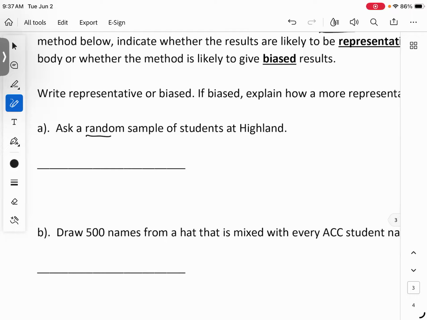The short answer is no. ACC is not just Highland. We've got Riverside, we've got Hayes, we've got online students. And so with just one campus being focused on, this would be biased. In other words, bad, where it doesn't include everybody.